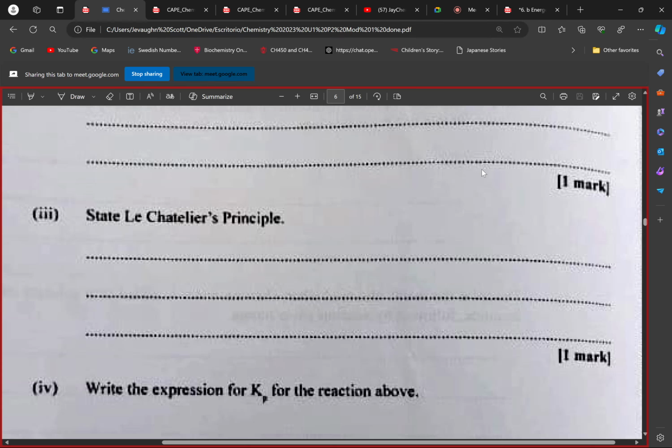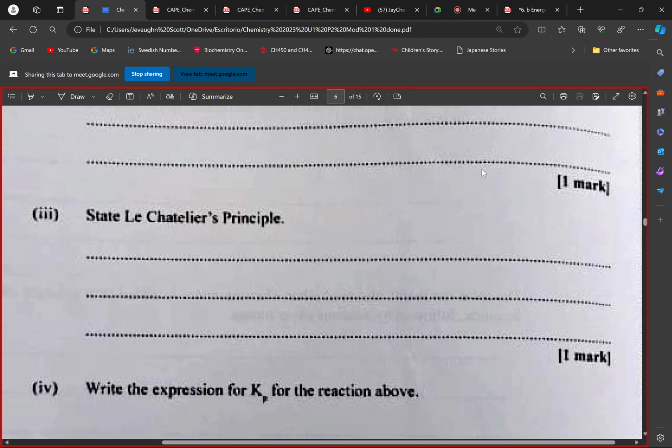Yes, sir. It states that when stress is added to an equilibrium system, the equilibrium shifts to counteract the change. Alright, fine.